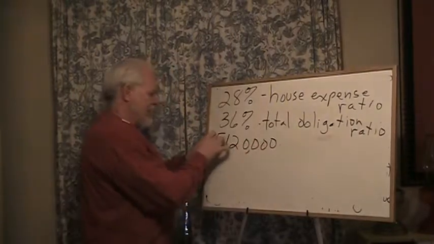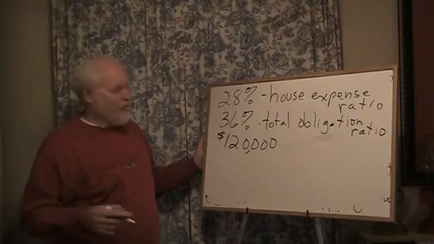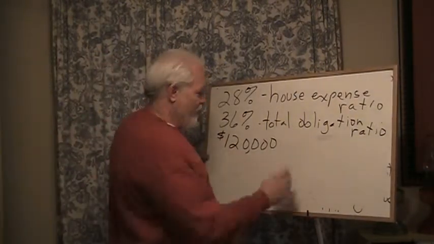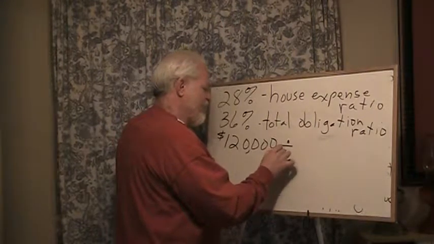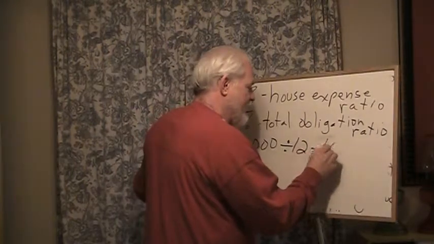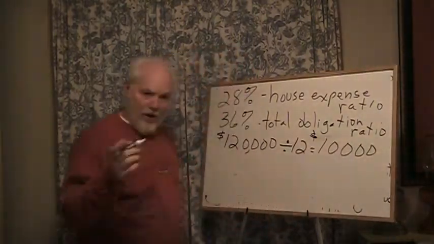$120,000 a year. He and his wife, gross income, $120,000 per year. All right? How much is that per month? Well, let's divide that by 12 months. So our hero is making $10,000 per month.